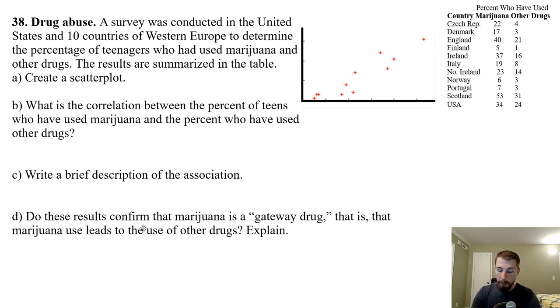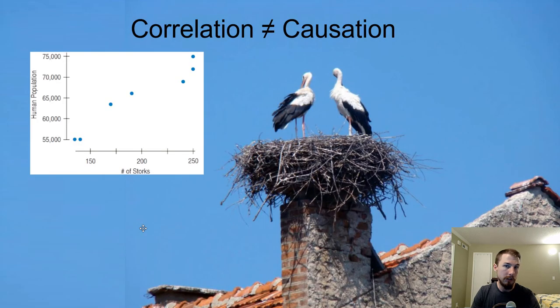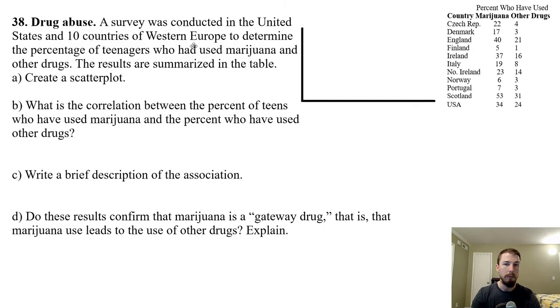So the problem we have there is that correlation does not equal causation. Just because there's a strong association between the use of marijuana and other drugs does not mean that marijuana is causing the other high use there. So there could be other lurking variables. I don't know what those might be. We also don't know, it just could be the other direction as well.